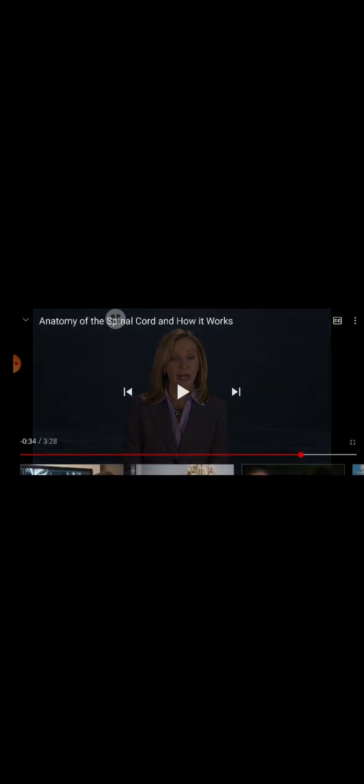Now, I want you to remember certain words before we start with our next lecture. Number 1, conus medullaris. This is one word. Write this word at least 15-20 times in your rough copy.